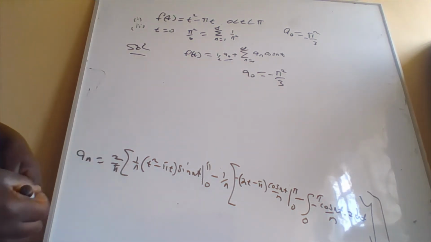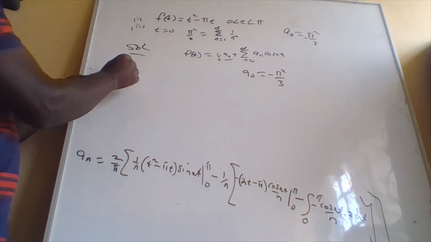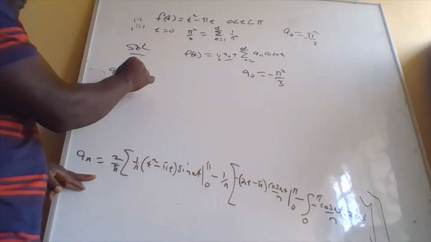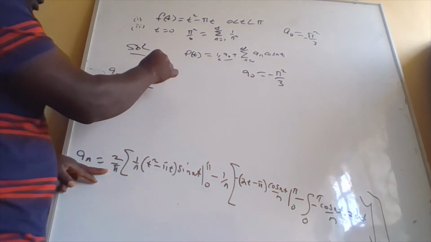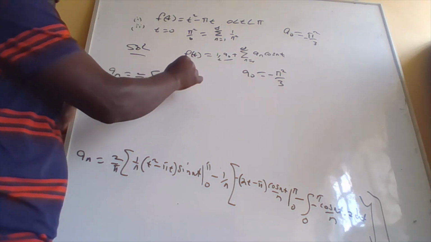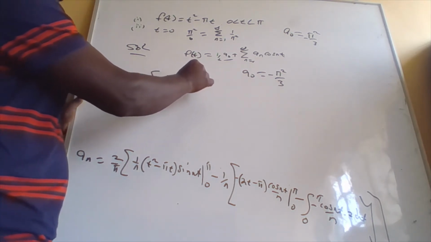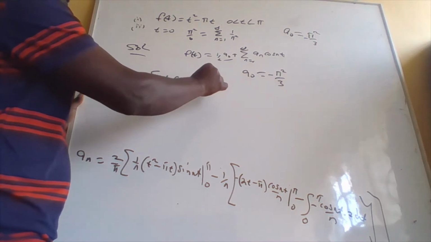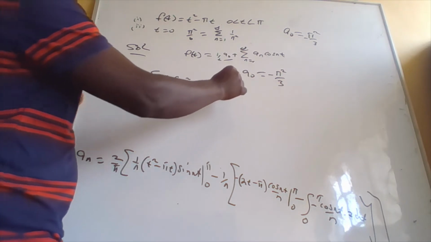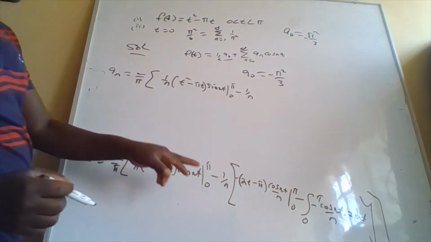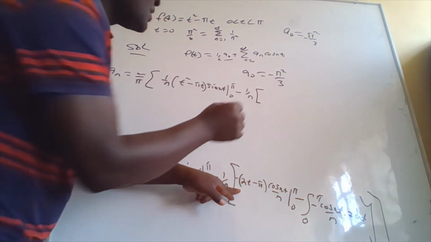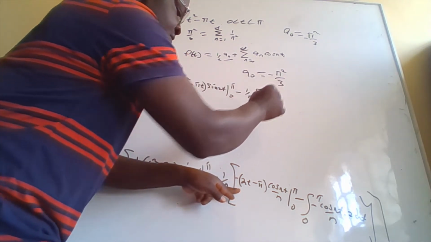So we can now write the equation again. So we have 2 all over pi into 1 all over n into t squared minus pi t sine nt minus 1 all over n into, now this one I can write as minus 1 all over n.